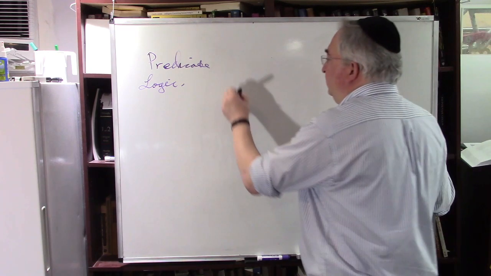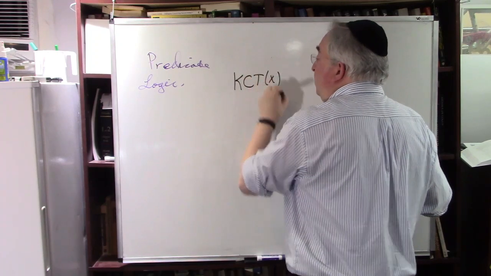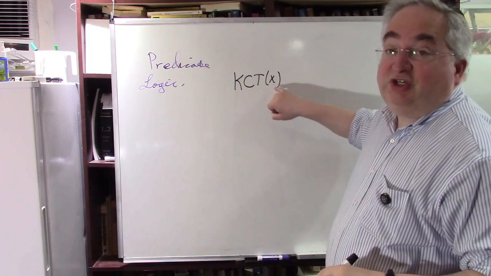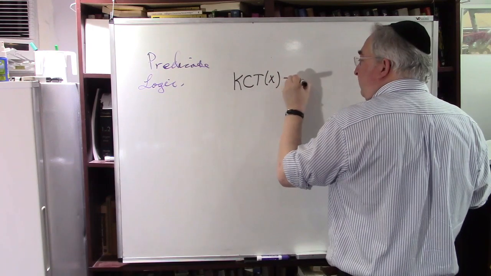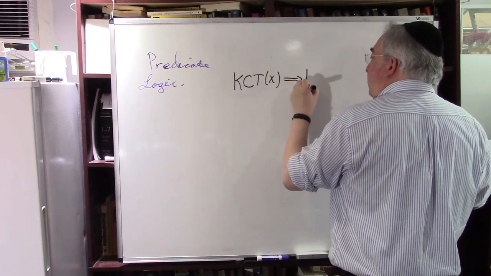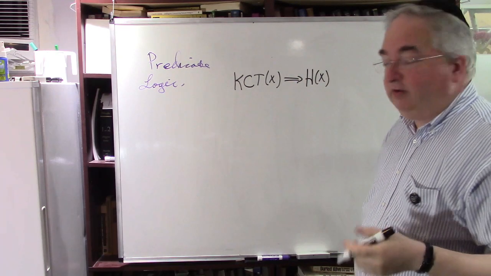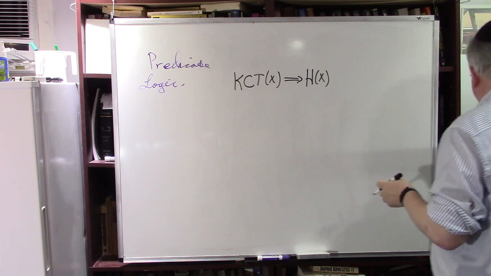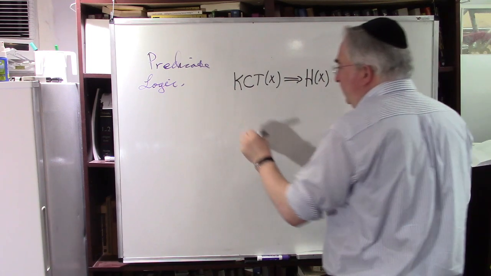So for example, again, K C T of x. If x knows category theory, this double arrow, H of x, then x is happy. If he knows category theory, he's happy. Here's another one.